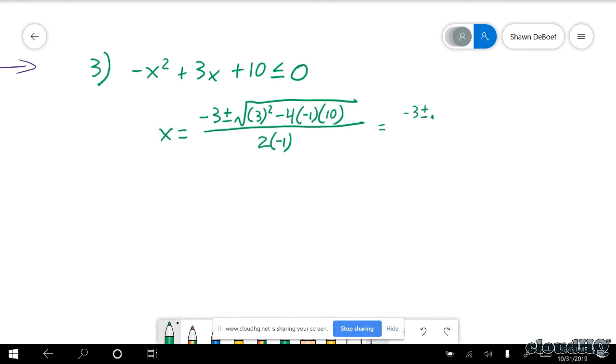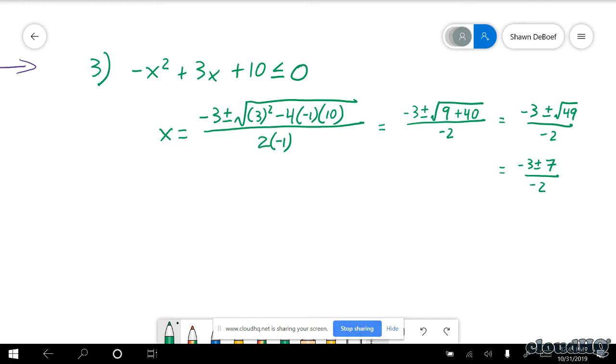-3 plus or minus the square root. We get 9. -4 times -1 times +10 is +40, all over -2. -3 plus or minus the square root of 49, all over -2. -3 plus or minus 7, all over -2.